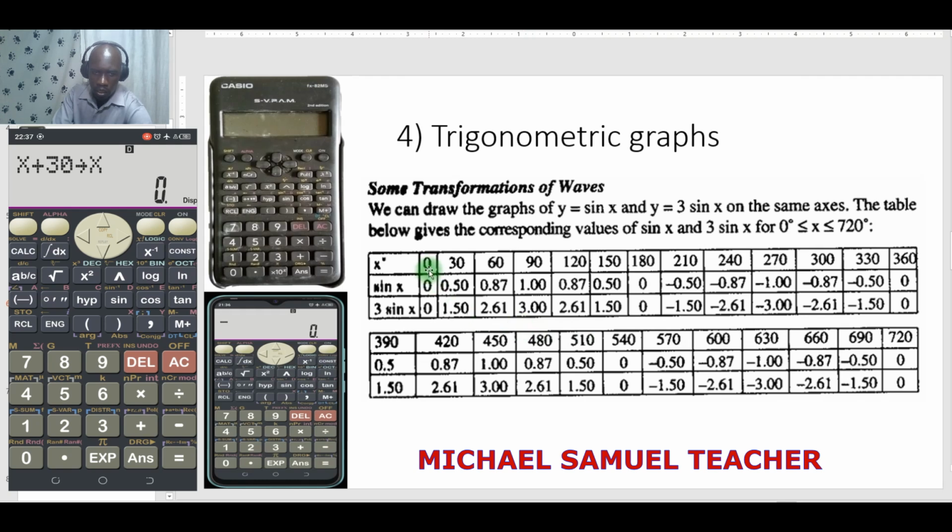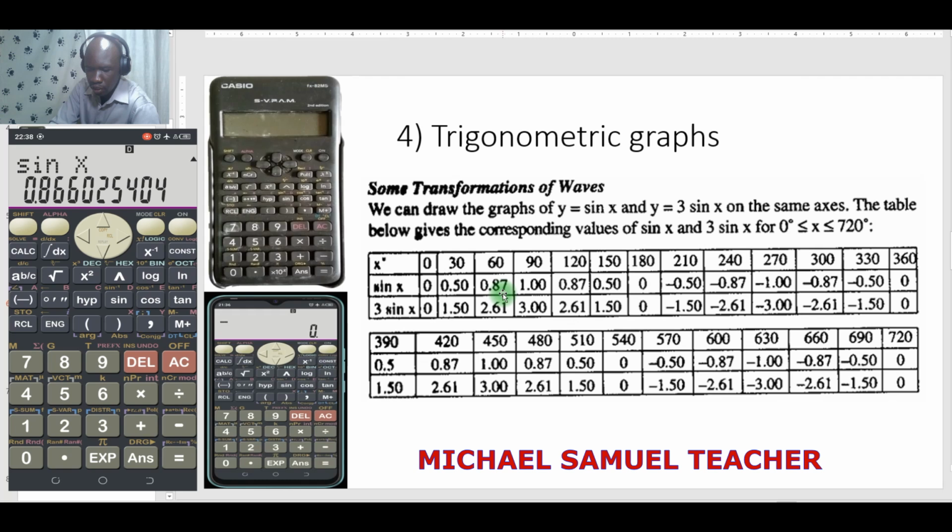Start from 0. When x is 0, sine x is 0. When x is 30, sine 30 is 0.5. Again, when x is 60, sine x is 0.87.